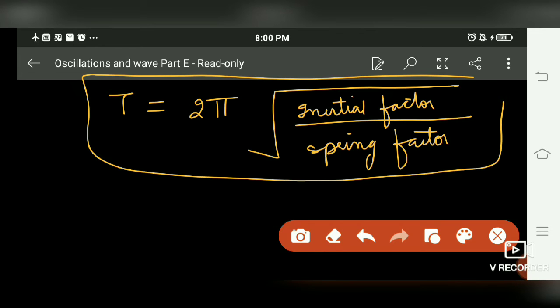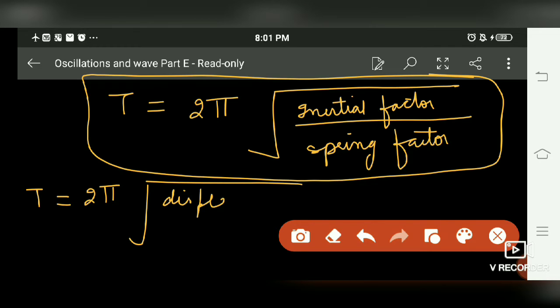This is the formula of time period for simple harmonic motion in terms of inertial factor and spring factor. In terms of displacement and acceleration, we can also write that as 2 pi under root of displacement by acceleration.